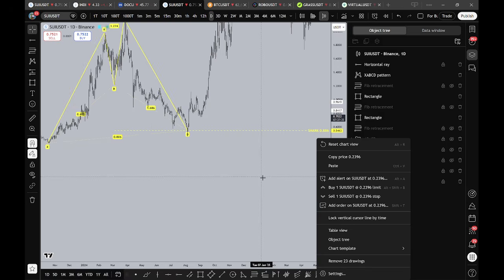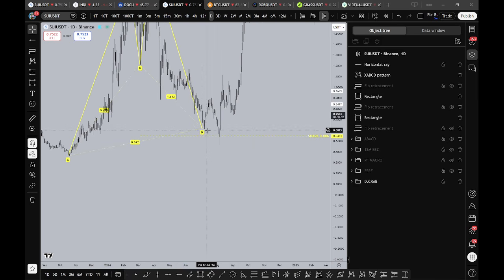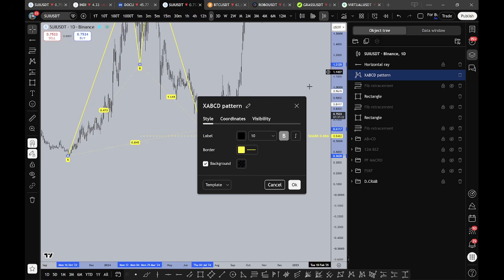The reason I'm drawing this is because we're clearly very, very close to revisiting these areas. The 1.618 is slightly higher. Obviously, a shark needs to be a minimum 0.886, but since it's so close, I will just go ahead and put it down.